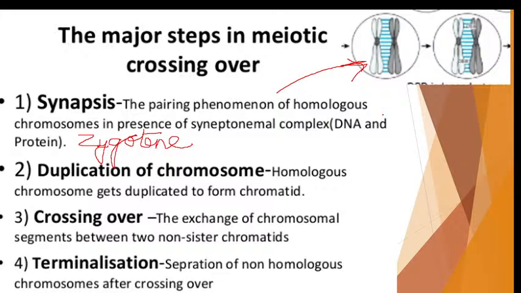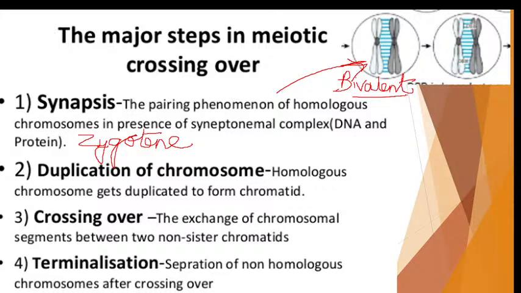So during synapsis, the chromosomes will lie parallel, aligned side by side, and this structure is called a bivalent. Bivalent means the 2 homologous chromosomes aligned side by side. And this pairing is called synapsis.